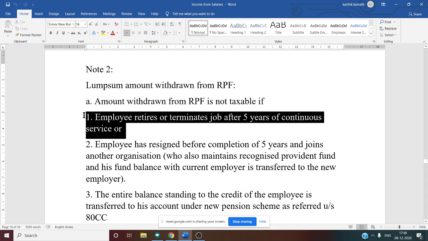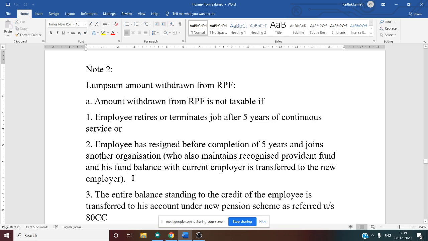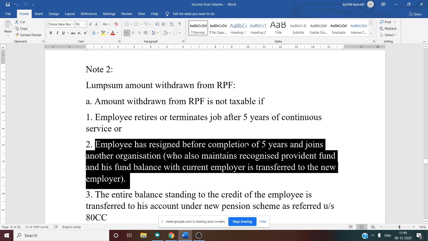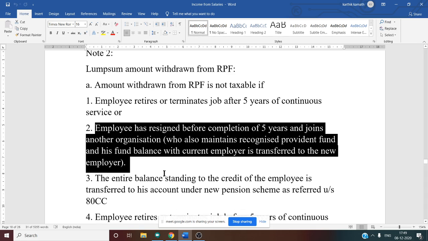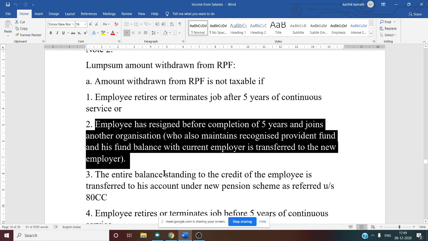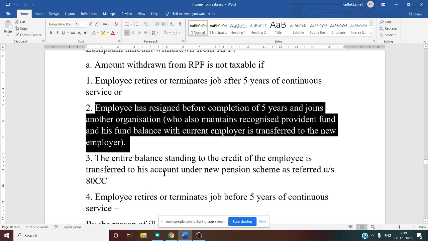If the employee retires or terminates a job after 5 years of continuous service, then there is no tax. He can take the amount. Then if the employee has resigned before the completion of 5 years and joins another organization, and he transfers the fund balance of the current employer to the new employer, in that case also no tax. That is, lump sum amount withdrawal has no taxation.